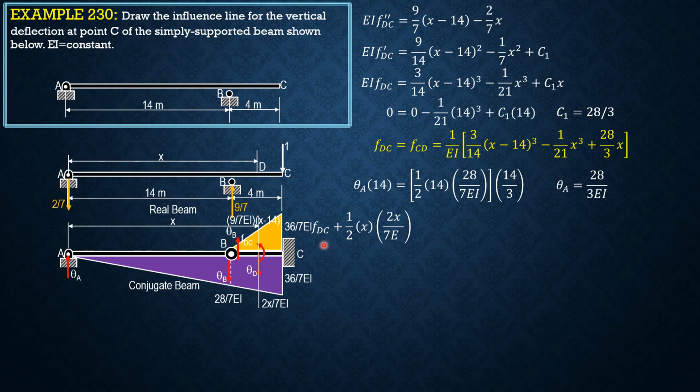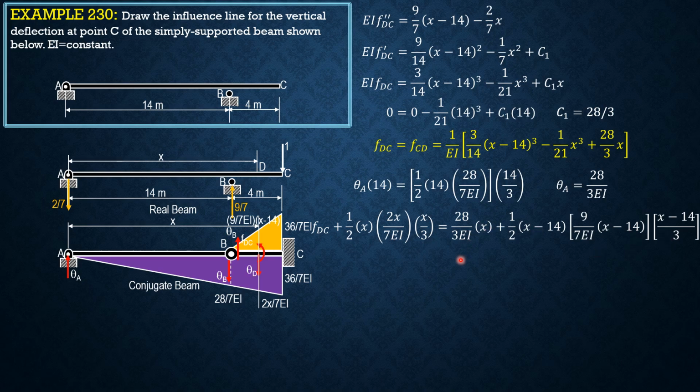So FDC plus 1/2 of x times 2x over 7 EI times moment arm x over 3 equals moment due to theta A times x, so 28 over 3 EI times x, plus moment of this load, 1/2 of x minus 14 times 9 over 7 EI times x minus 14 times moment arm x minus 14 over 3.